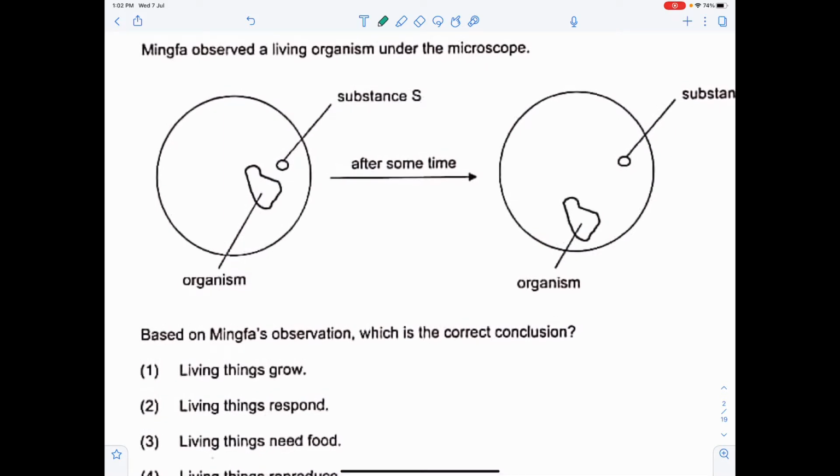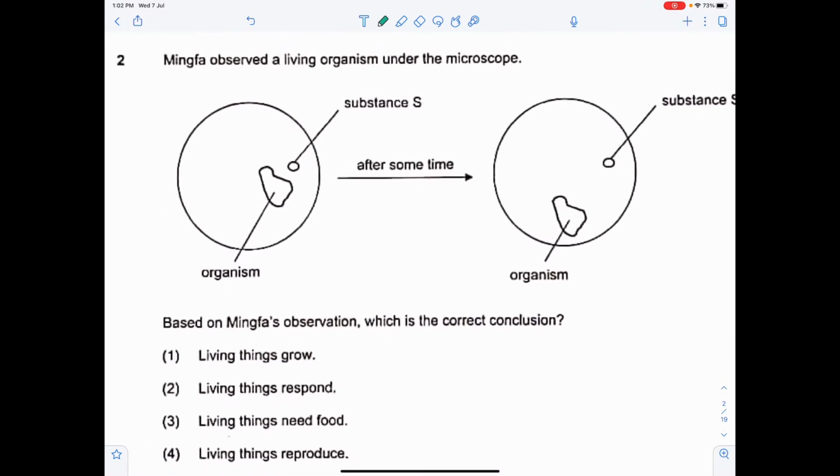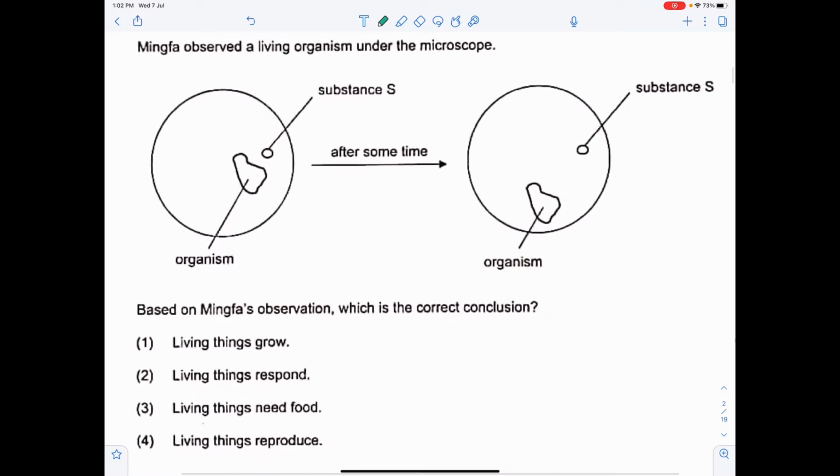Ming-Fa observed a living thing under the microscope. Based on Ming-Fa's observation, which is the correct conclusion? So looking at this, it's always a compare and contrast. If you look at these two, what is the difference between these two diagrams?